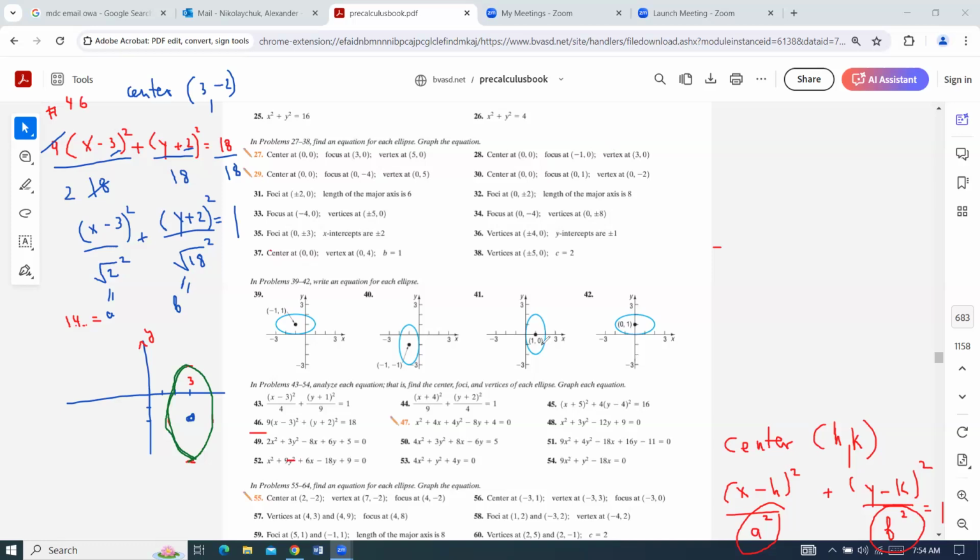So let me try now something not as nice. Let's say exercise 53 that has also an ellipse, but it needs a little bit of preparation, just like we did before with circles. So what bothers me is having plus 4y in this little equation, because this way I need to figure out what is the center of the ellipse.